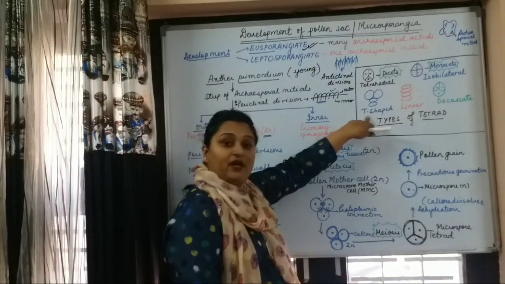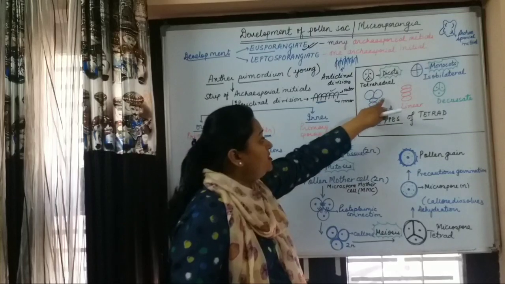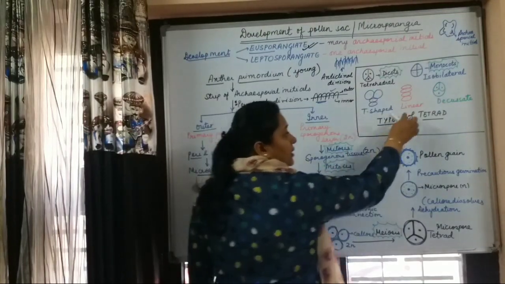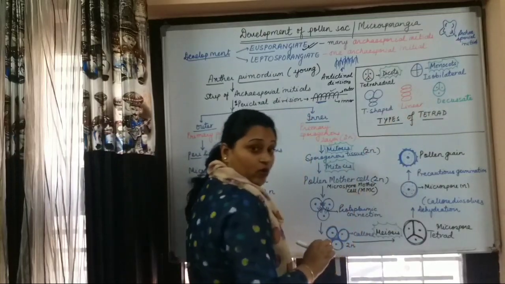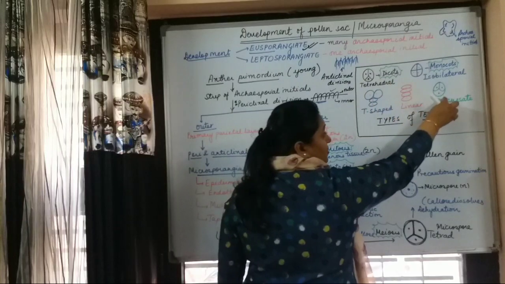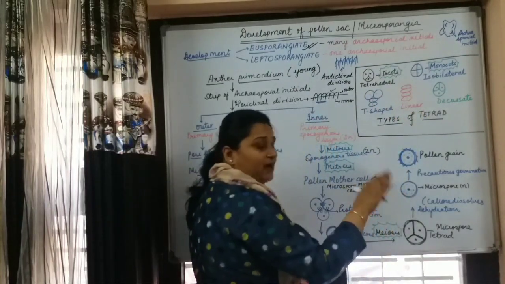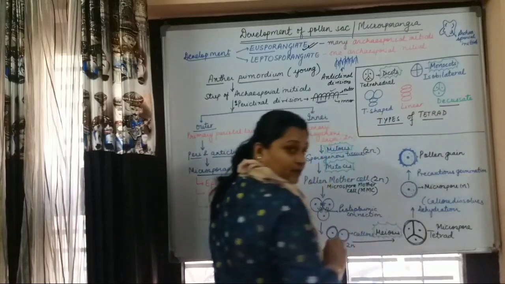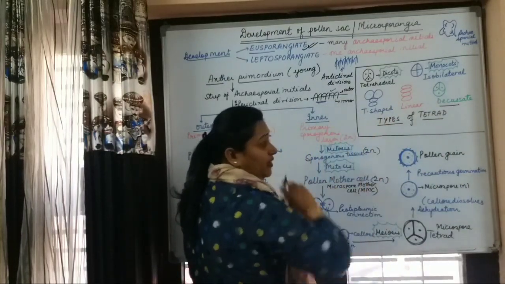Sometimes this type of tetrad is also seen, that is T-shaped, 2 above, 2 down, linear, 4 in a row, and then decussate. This is somewhat different from this. One is at the back, but still the structure is different. That is why the name decussate is given. So these are some types of tetrads.